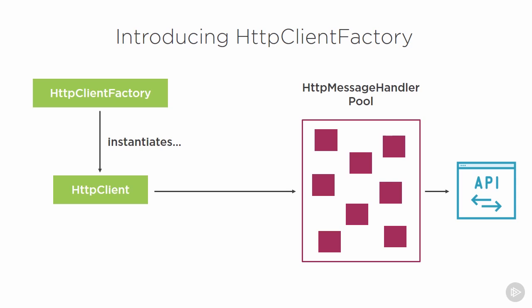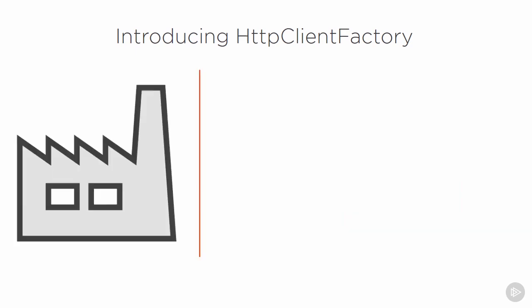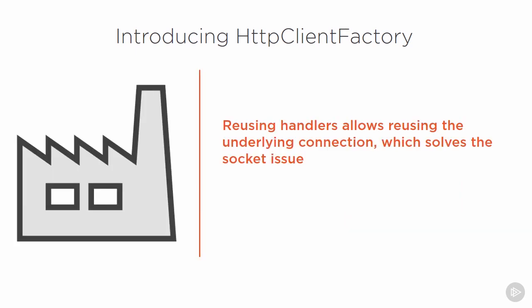A handler is held for 2 minutes by default. So any request for a new HTTP client can share a previously created handler and thus the connection as well. Important here, as long as the handler is still in use, for example for a long-running request, it remains available. Thanks to this, our issue with too many open connections and sockets is mitigated.